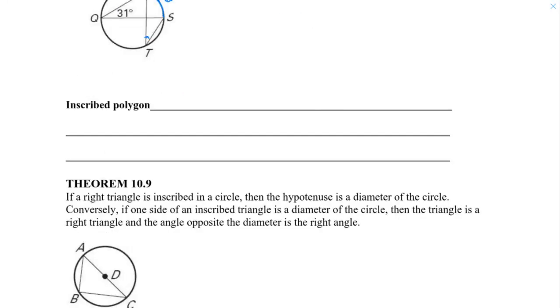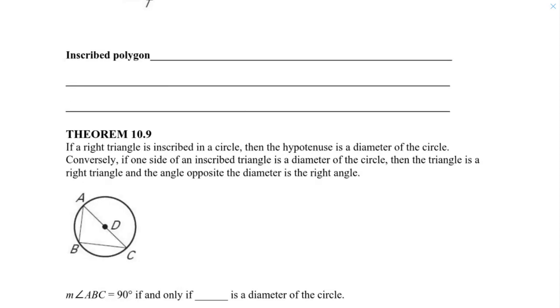All right, so now that we talked about inscribed angles, let's talk about inscribed polygons. An inscribed polygon is going to be very similar to an inscribed angle, except all of the vertices are going to be on the circle.